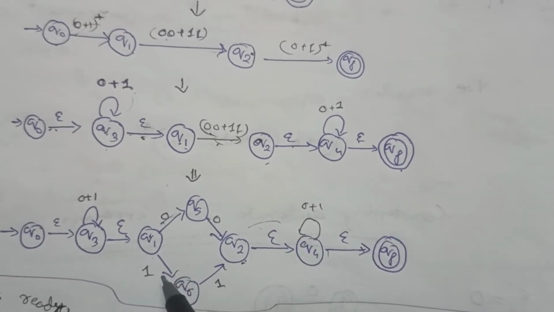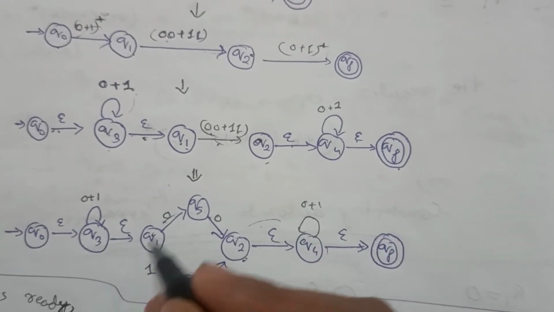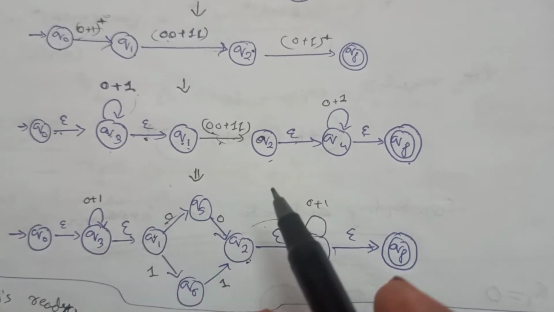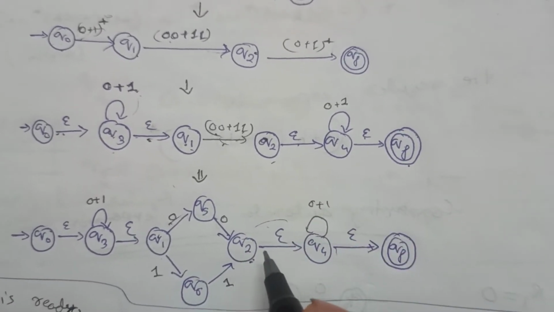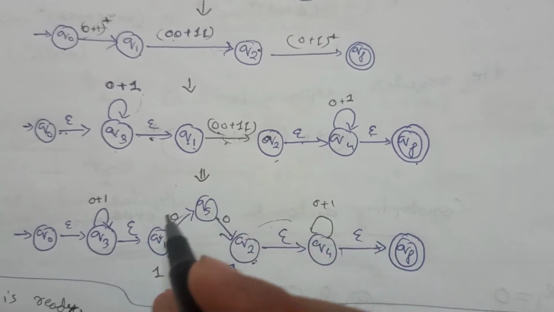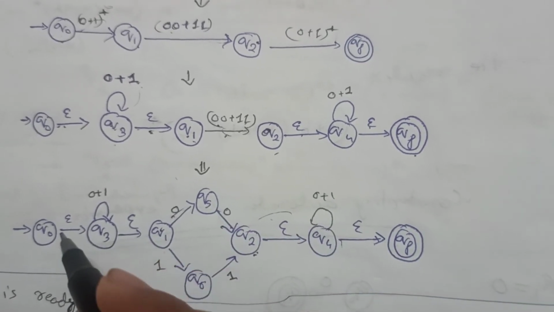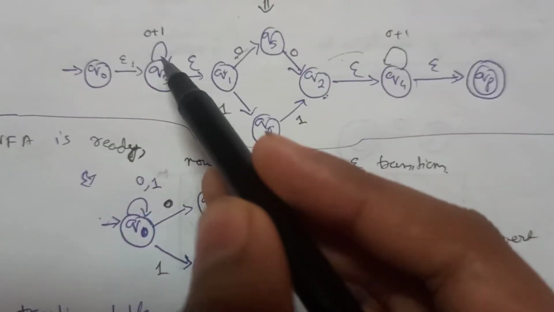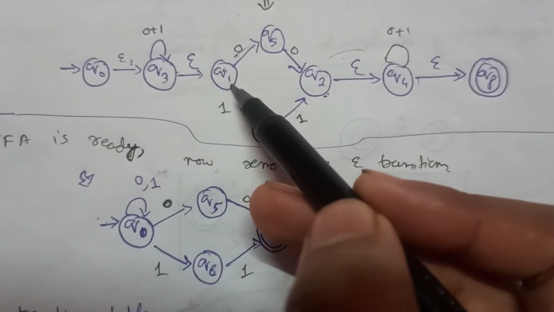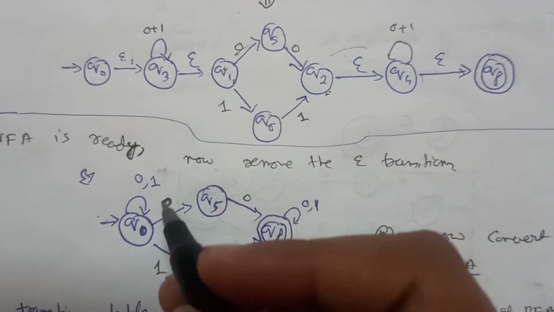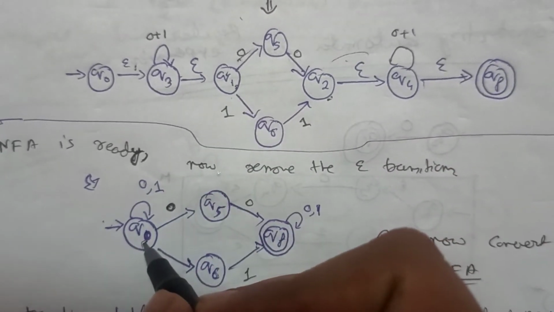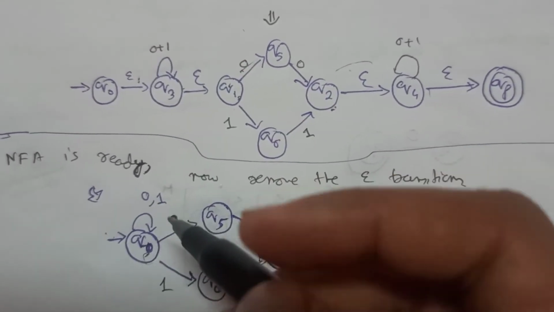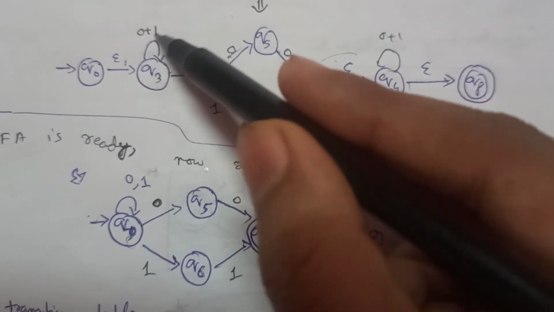After that, I will convert it to a DFA. You already know how to convert an NFA to a DFA. I will just remove the null transitions. To remove the null transitions, we do not need to perform any complex derivations. We just remove the null transitions and make the states similar. So I will make q1, this state, the initial state. Whatever I can name it, I named it q0. So I made it the initial state and I have added the self loop inside it, because there is only one transition here.